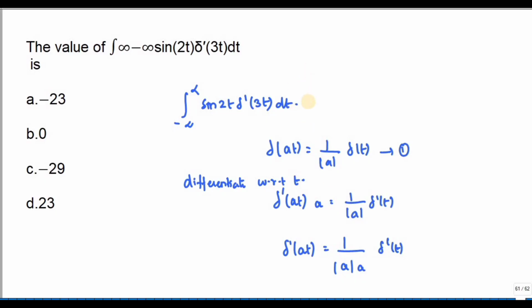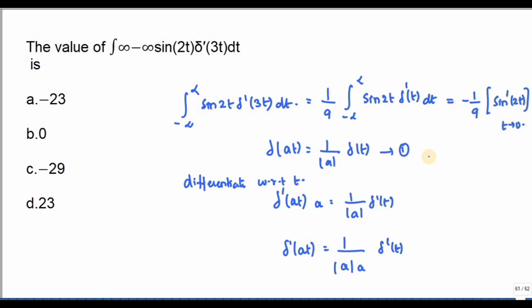In this I'm going to take 1 divided by 9 times the integral from minus infinity to infinity of sine 2t delta dash of t dt. So to make this delta dash of t to 0, I will get 1 divided by 9 times the differentiation of sine 2t, and you have to substitute t equal to 0.